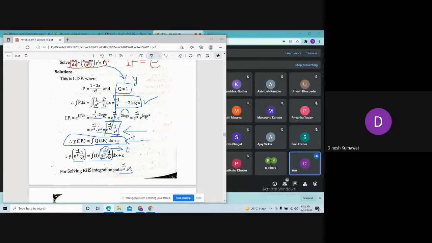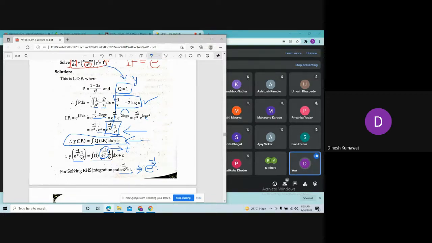Now differentiate this. What is the derivative of e to the power minus 1 upon x? Just apply the chain rule.